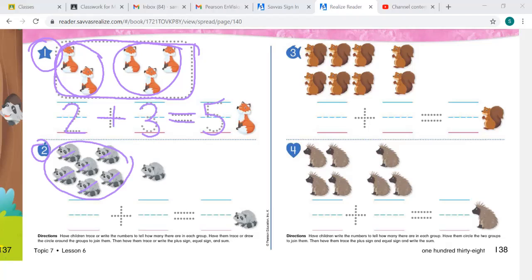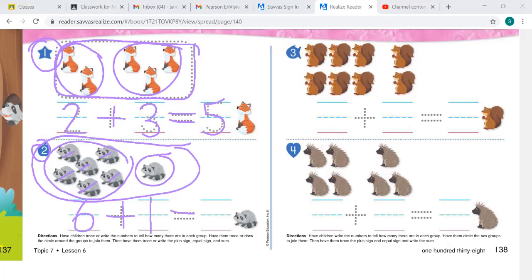So there's 6 raccoons here, and there's 1 raccoon here. We want to join them together. So we are going to write 6 plus 1 equals how many? 7 raccoons.